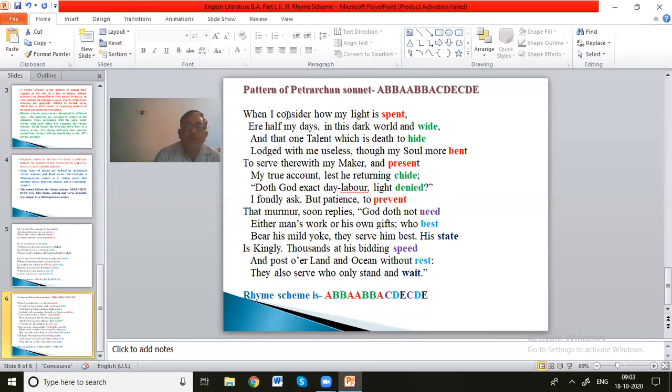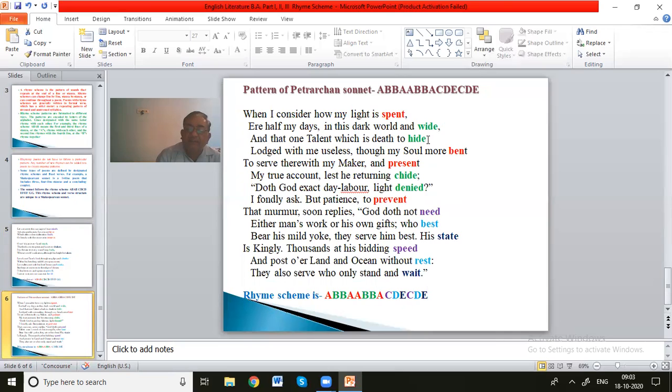Now see, when I consider how my light is spent. Spent is the first sound, the last sound, so we have designated it with the letter A. Ere half my days in this dark world and wide. It is a different sound, so I have designated it with the letter B. And that one talent which is death to hide.